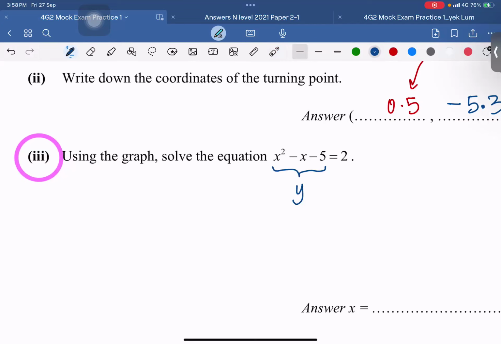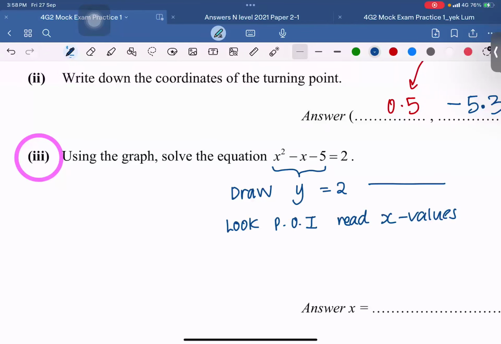It means y equals to the number 2. What do you need to do? You need to draw this line y equals to 2. It's a horizontal line. It cuts the y-axis at y equals to 2. And look for the points of intersection, and read the x values. In this case, there can be more than one answer.